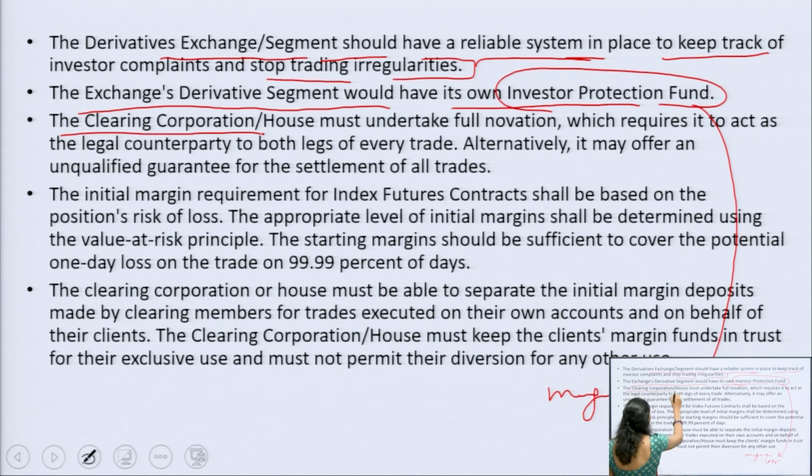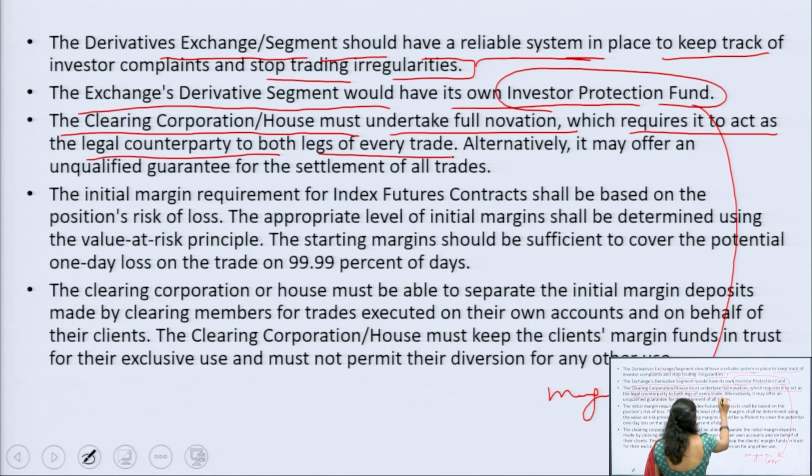Next is the clearing corporation house must undertake full novation, which requires it to act as the legal counterparty to both legs of every trade. Alternatively, it may offer an unqualified guarantee for the settlement of all the trades.